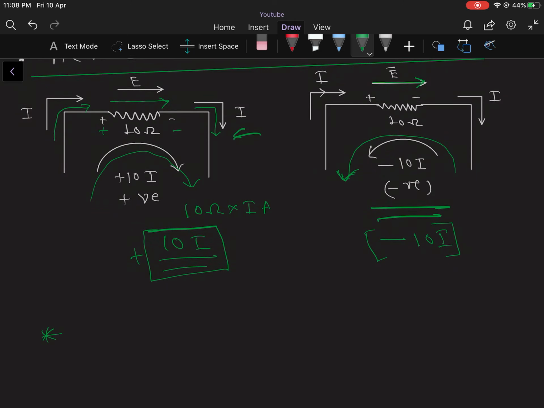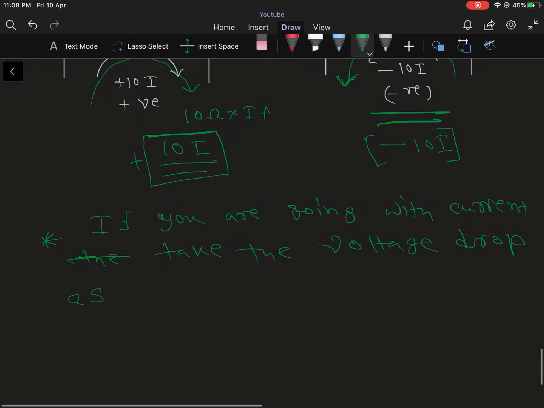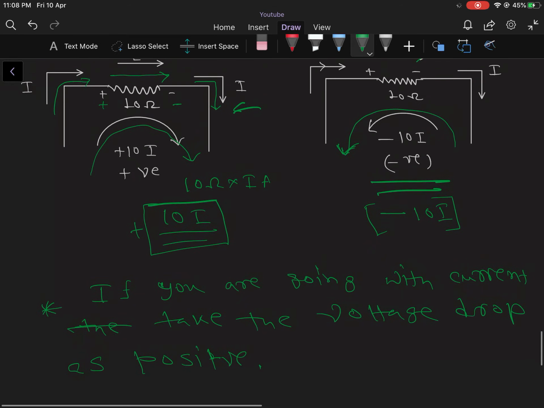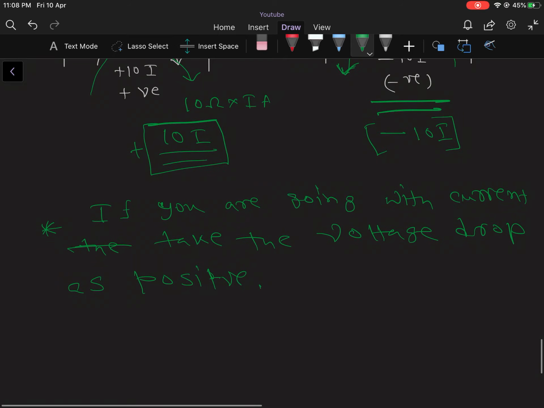So if you are going with the current, take the voltage drop as positive, and if you are going opposite to the current, take the voltage drop across the resistance as negative. So this is all the rule.